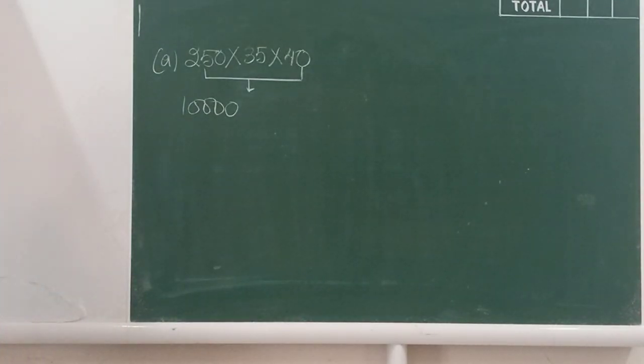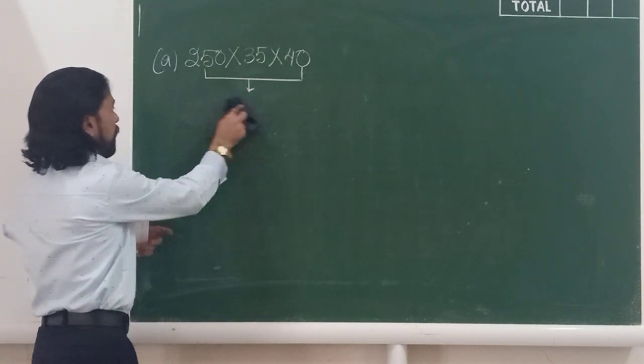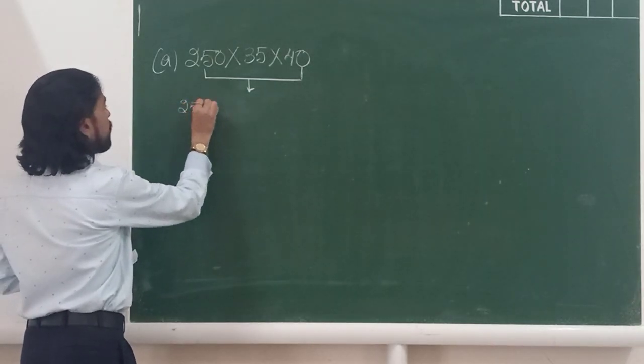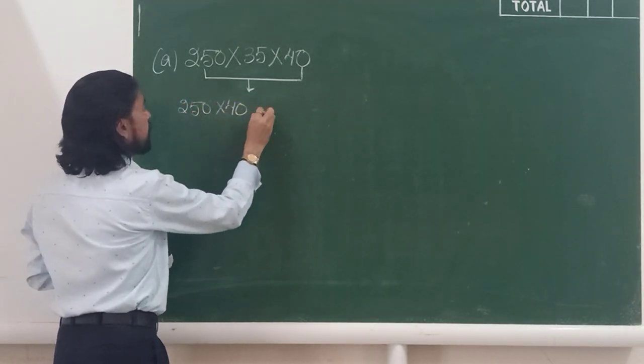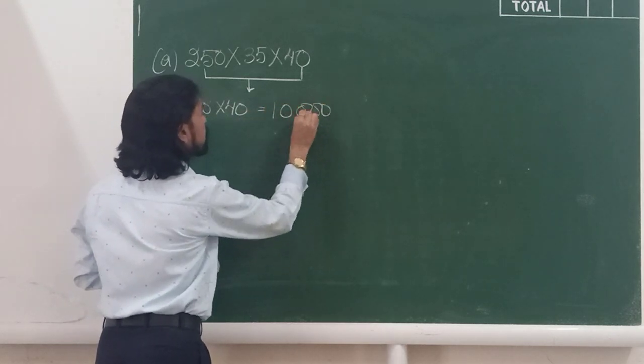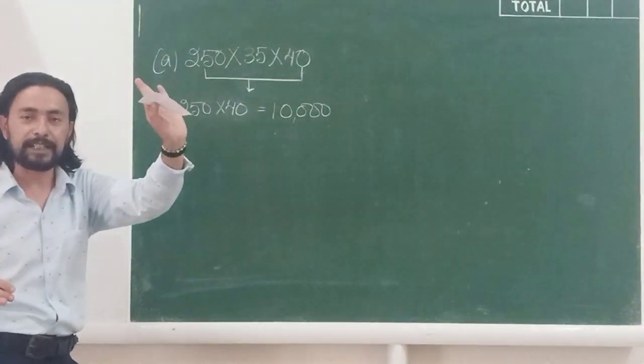The other way that you can do this is you can also write it as 250 into 40, that will give me 10,000. My work becomes simple. 250 into 40, I get directly 10,000.